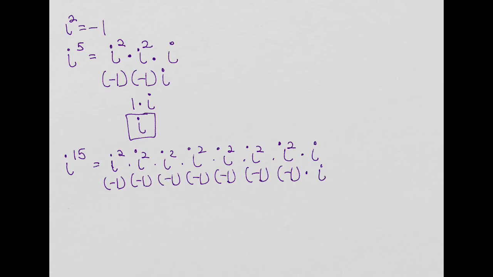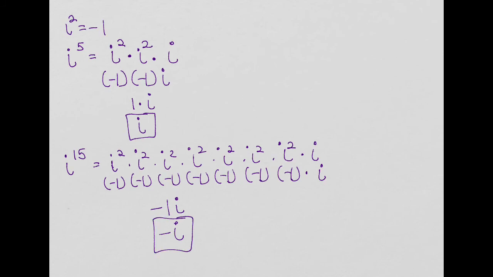Not the i, because it's just that. And so then we have 1, 2, 3, 4, 5, 6, 7. So if you remember, when you have an odd number of negatives, your answer is going to be a negative. So a -1 times itself 7 times is going to be a -1. So we'd have a -1 times i, and a -1 times i is just -i.